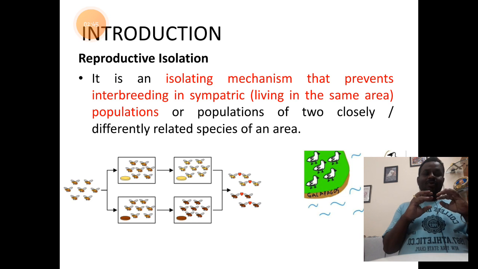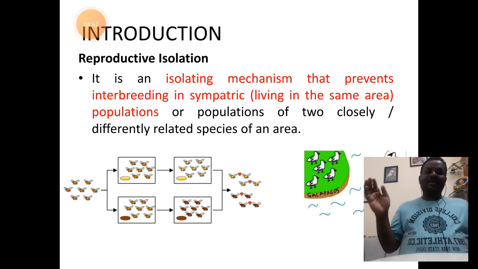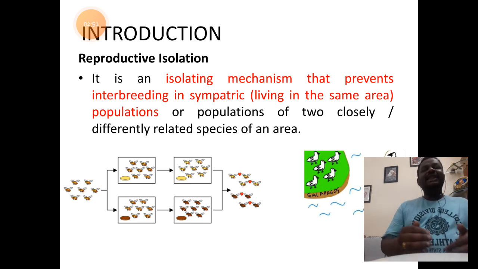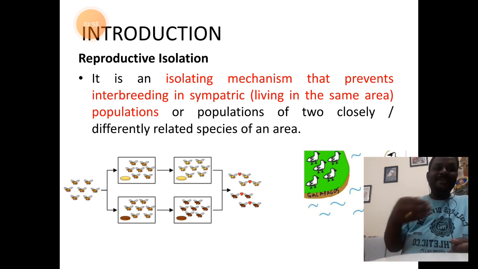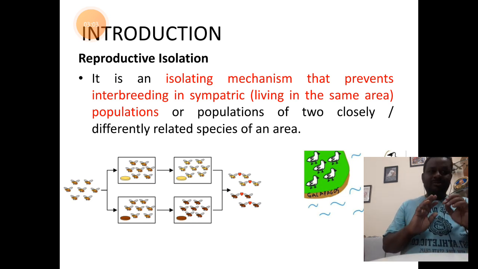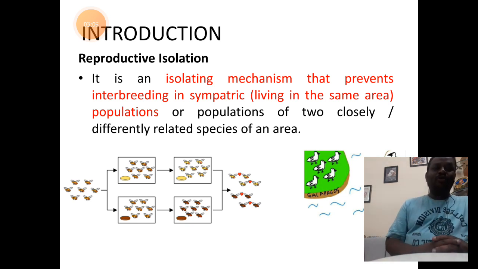Organisms of a species will remain in the same geographical area, but they never mate with each other. There are quite a number of reasons for this particular behavior of avoiding the process of mating. And this type of isolation process is called reproductive isolation.